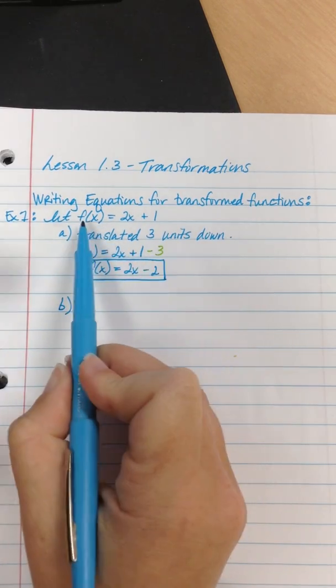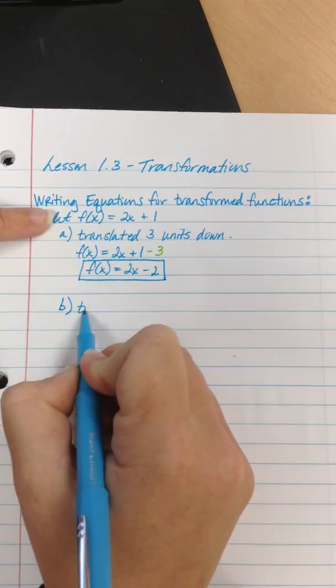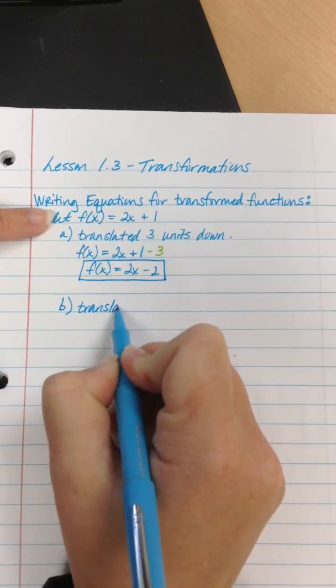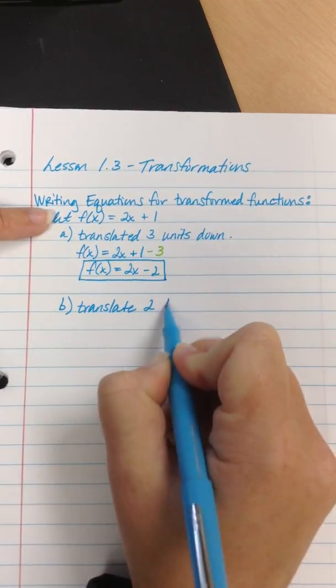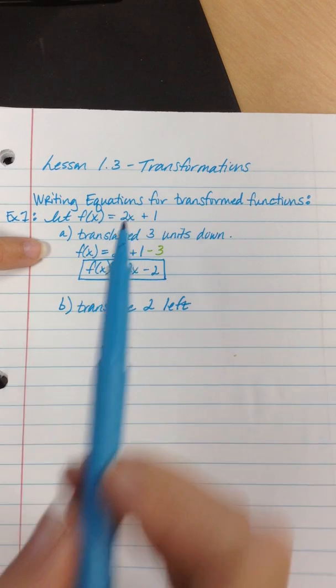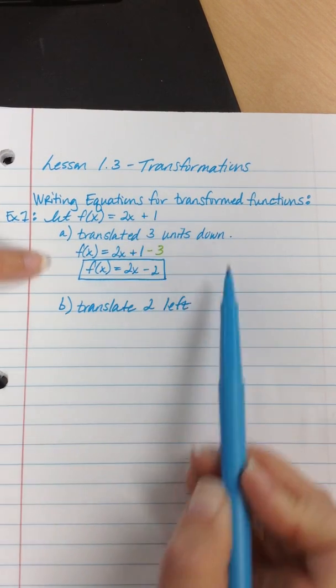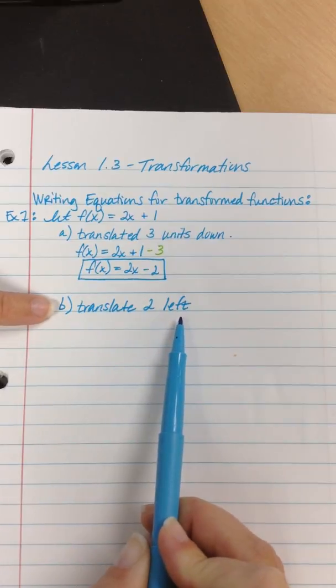Part B. So we're going to take the same equation, but we're going to do something different with it. This time, let's translate it to the left. So as I just mentioned, there is no inside. We don't have parentheses or absolute value bars. And this part wants us to move left.